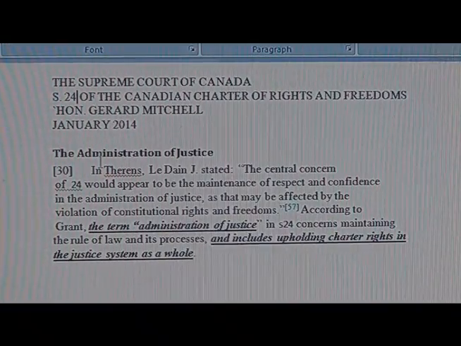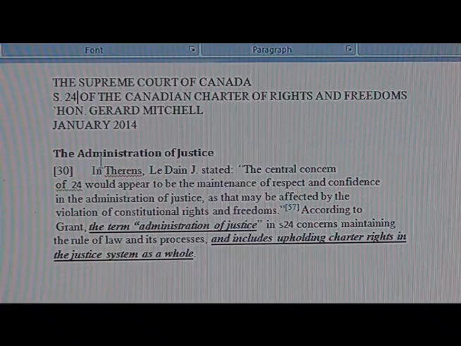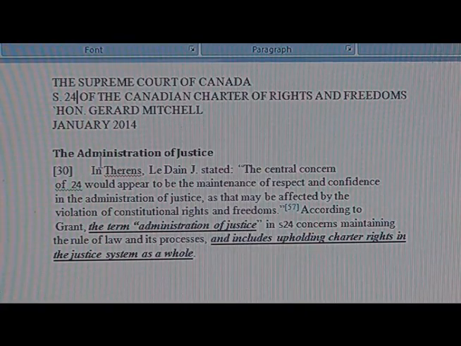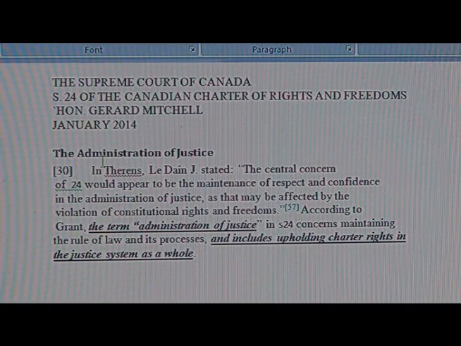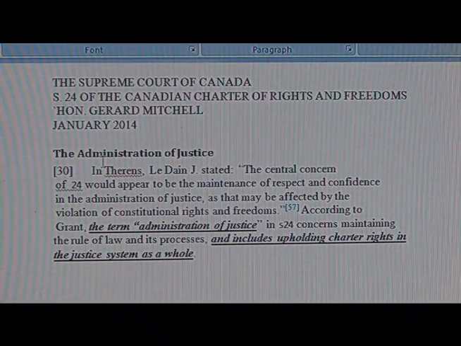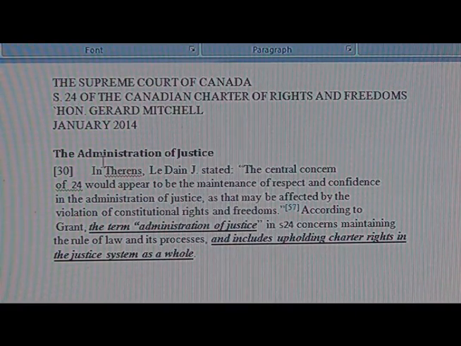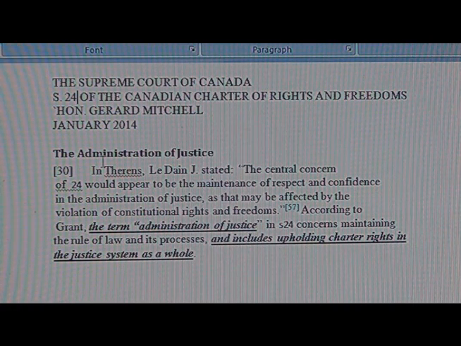The Supreme Court of Canada on Section 24 of the Charter of Rights and Freedoms. Now when we look at Article 30 of this judgment, it says the administration of justice. The central concern of Section 24 would appear to be the maintenance of respect and confidence in the administration of justice, as that may be affected by the violation of constitutional rights and freedoms.